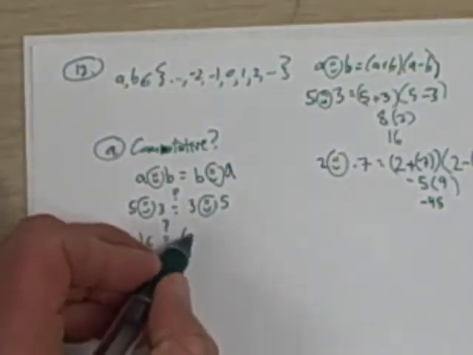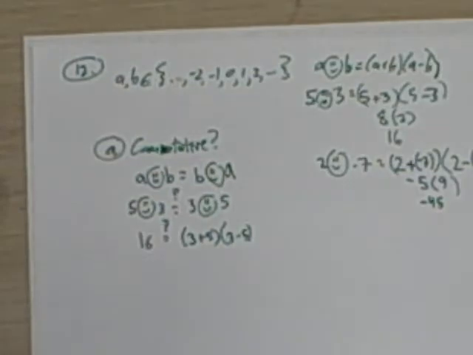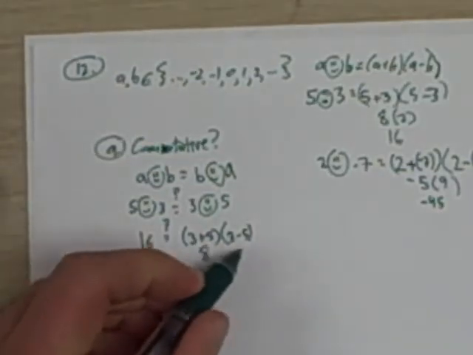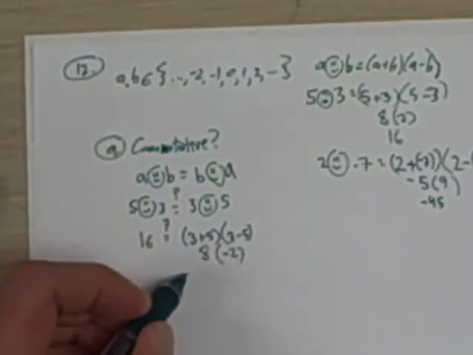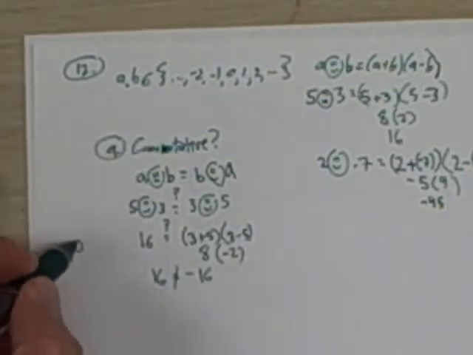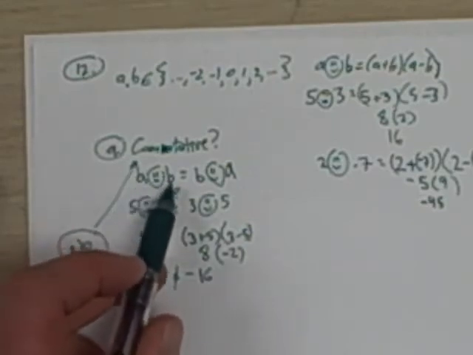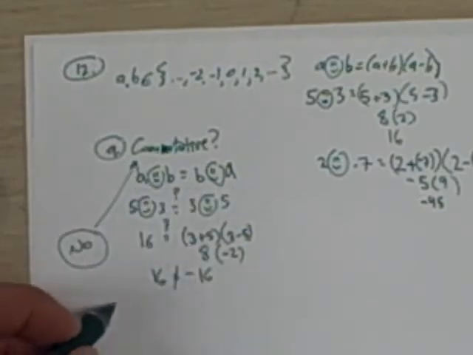So this would be 3 plus 5 times 3 minus 5. 3 plus 5 is 8. 3 minus 5 is negative 2. Multiply those together, that's negative 16. Not equal, so no, it does not commute, because a smiley face b did not equal b smiley face a.